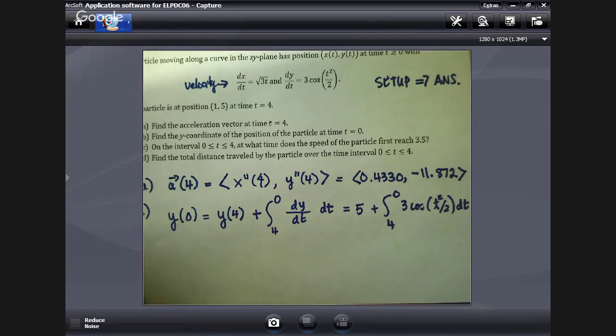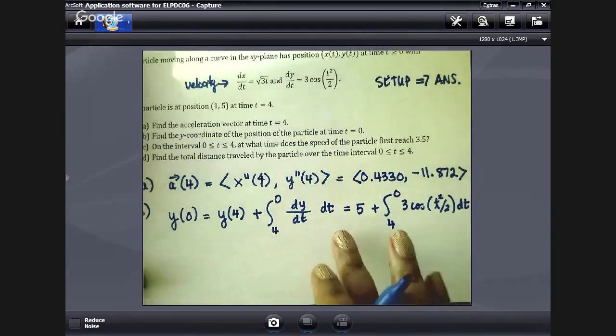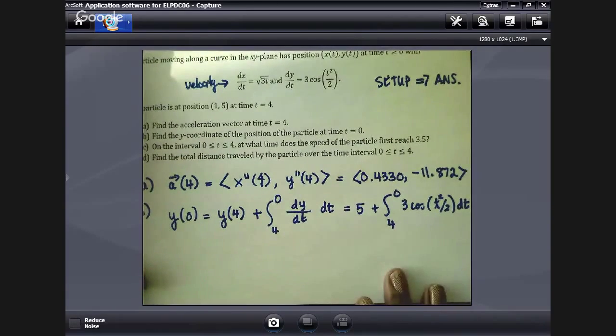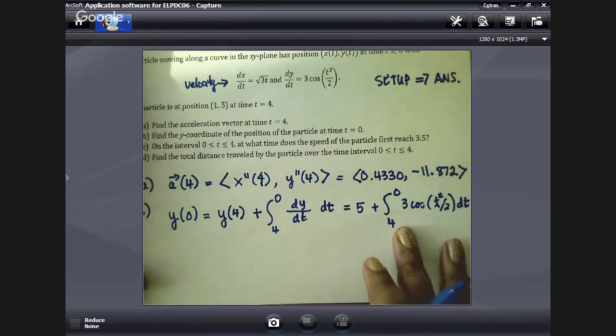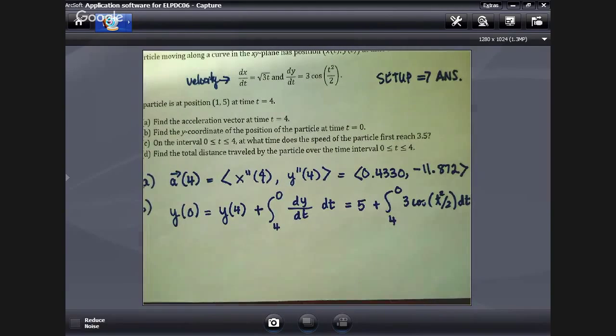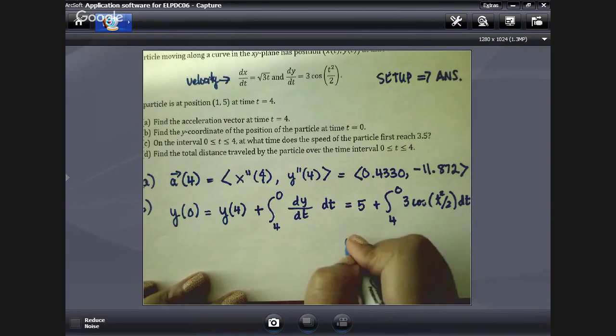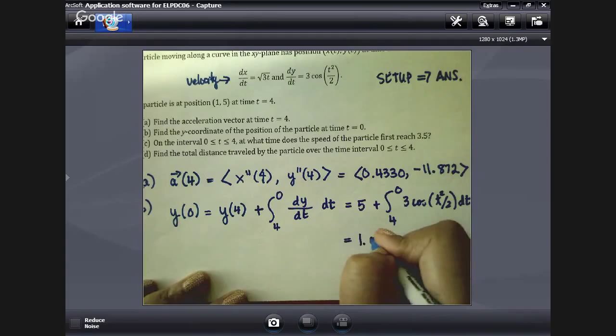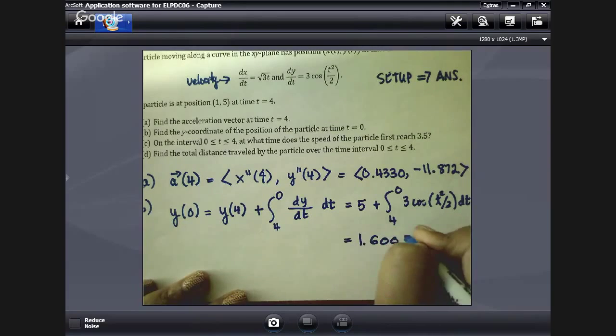Another calculator tip: don't put this in stages. Put this whole line in the calculator at once. 5 plus the definite integral from 4 to 0 of y2 dx or dt, depending on what kind of calculator you have, and you should get 1.6006.